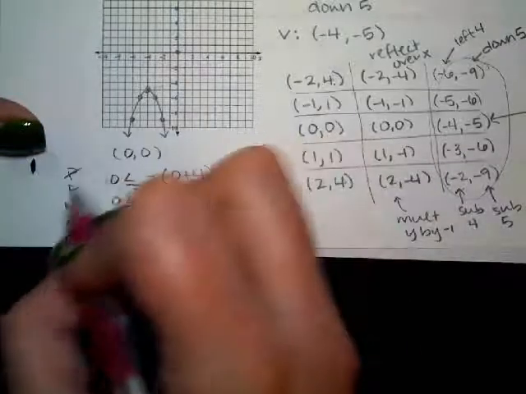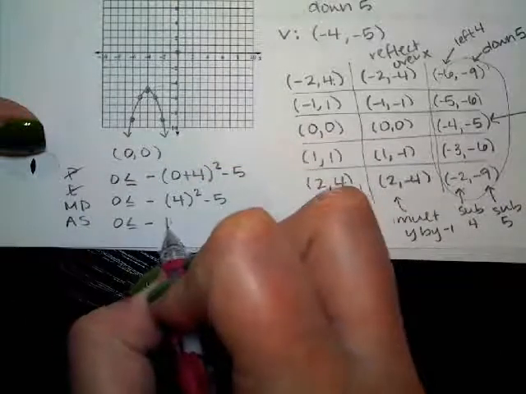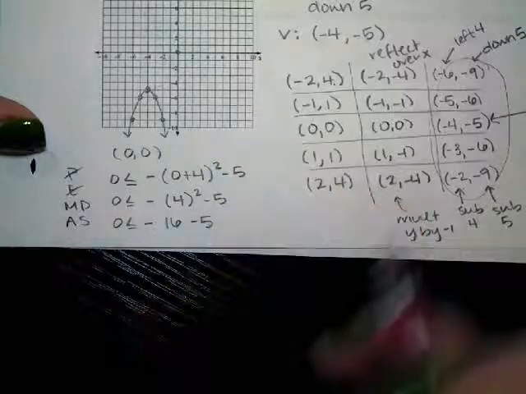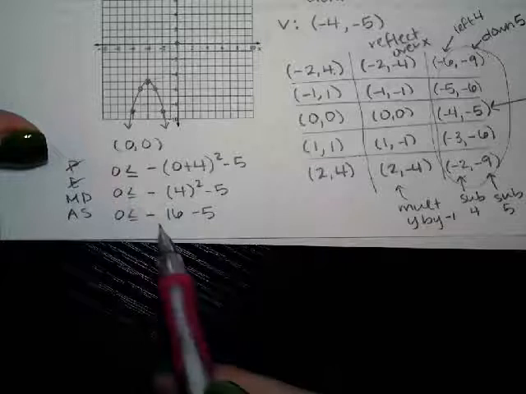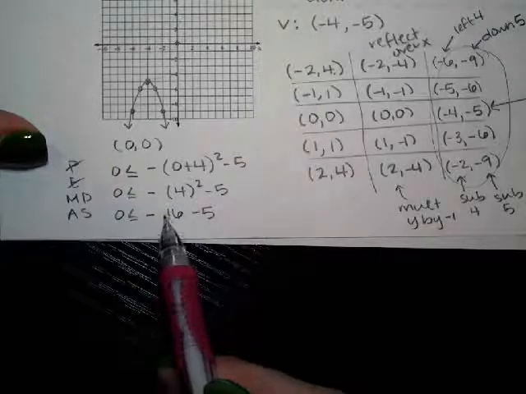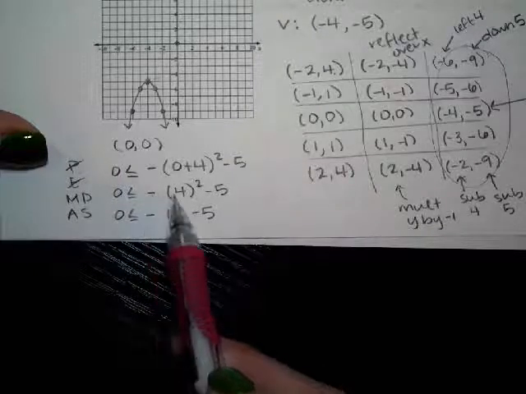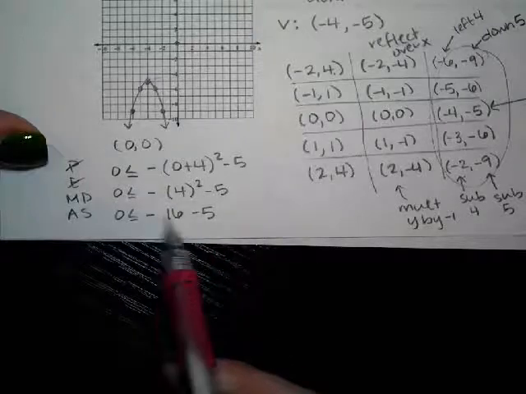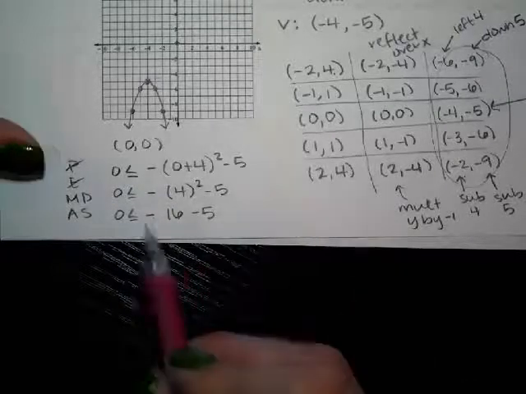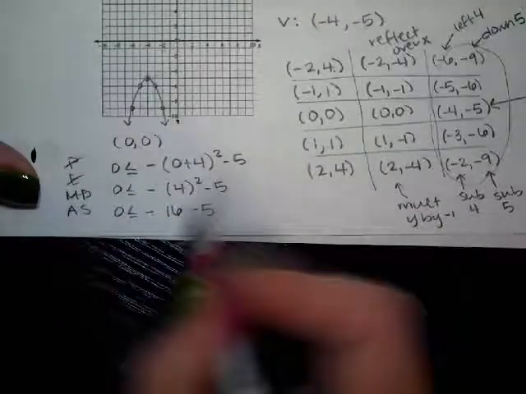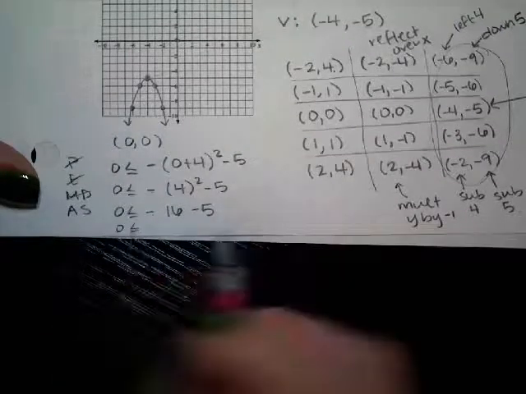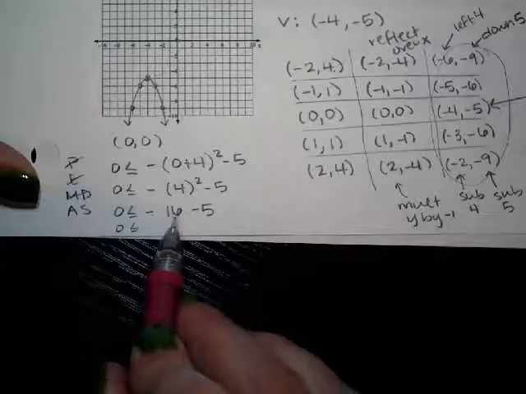Okay. Next, my multiplication and division. You kind of already have your multiplication built in. You have the negative times this number, so negative 16. So I kind of have already did that just by writing it down. So I've got negative 16, and now I can finish it up. I can do negative 16 minus 5. What is negative 16 minus 5?